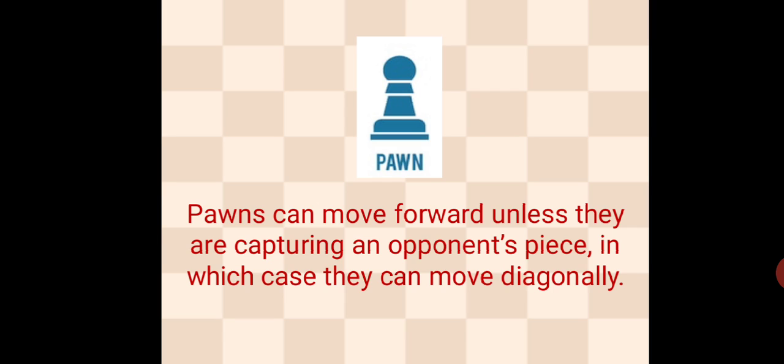Pawns can move forward unless they are capturing an opponent's piece, in which case they can also move diagonally. So, we can say altogether there are 3-way movement.